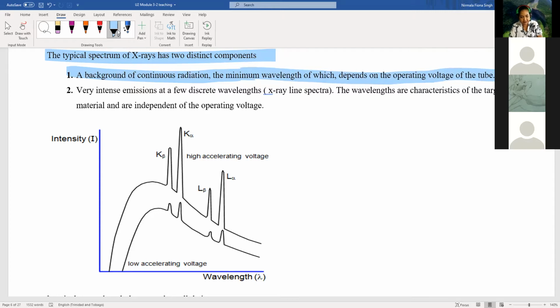How are X-rays formed? We accelerate a high-speed electron and we fire it into a particular metal. That metal absorbs that electron. It causes the electrons in that metal to get excited. And of course, they're going to fall back down and emit an X-ray.